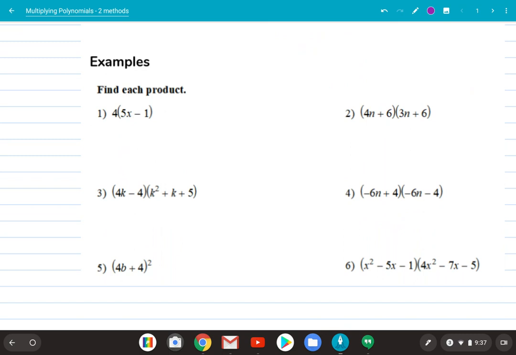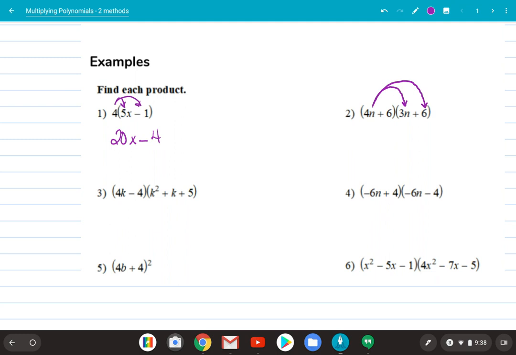So FOIL, you should remember in IM1, we would do distribution, right? So 4 times 5 is 20. Add the x. 4 times negative 1 is negative 4. That's it. Now, this one is where you would bring in FOIL. So you're taking that 4 in, and it's very similar, but I like to do my method. Take that first number, multiply it to both of those.